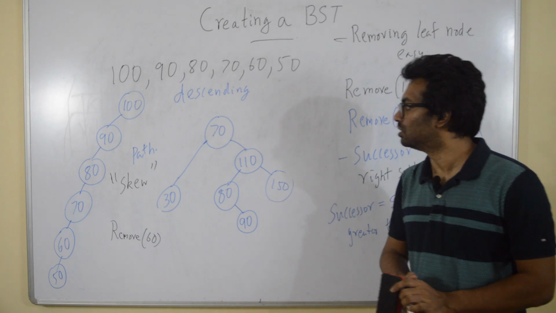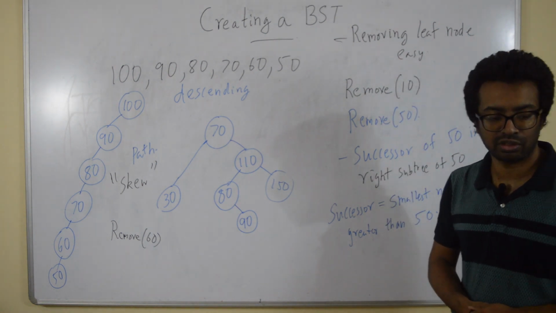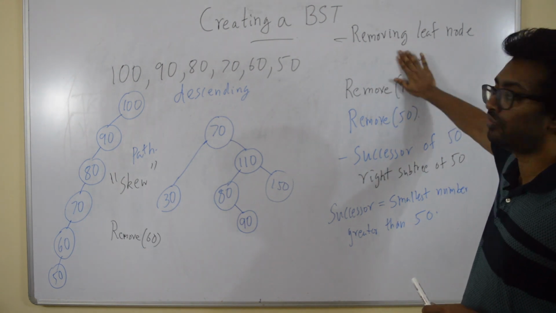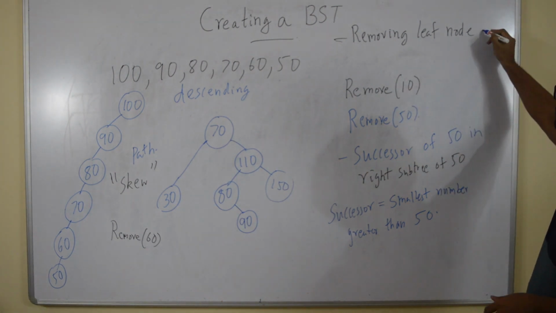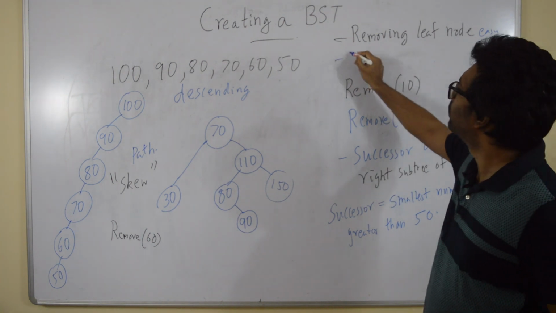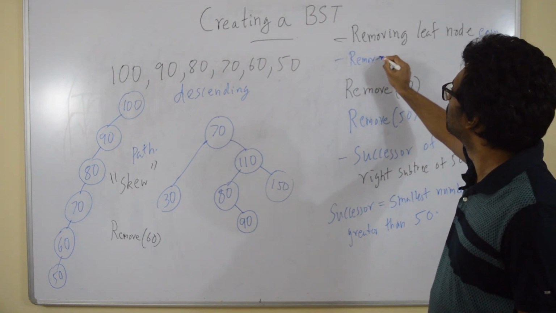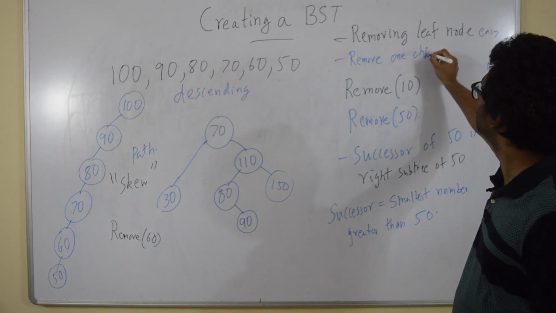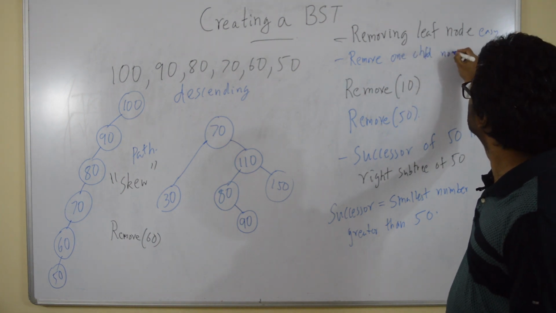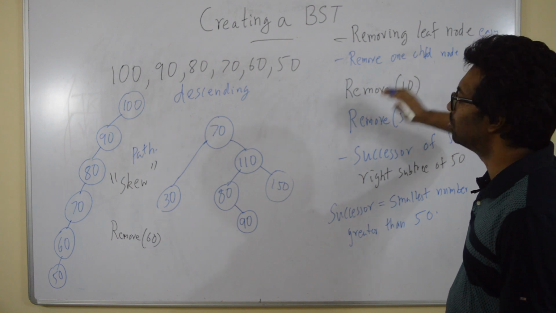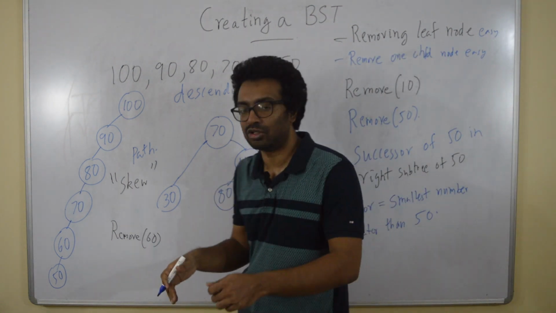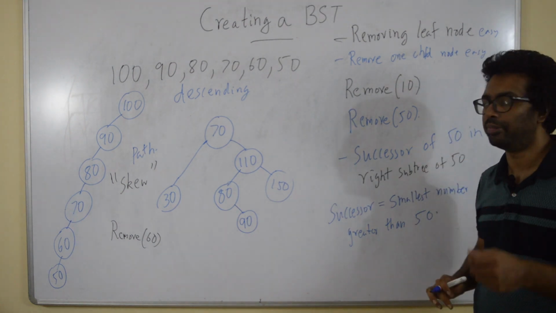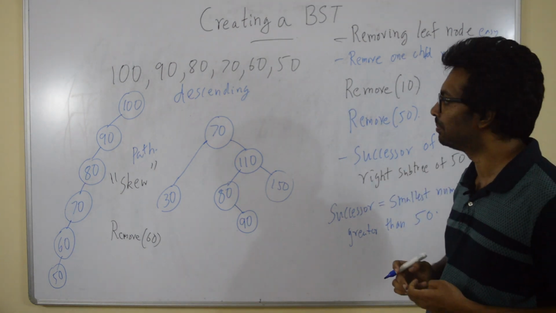So this is also easy. Removing a leaf node is easy. Removing a one-child node is easy. Just remove that and connect it. It does not matter whether it's a left child or a right child. Just remove that node and connect its child to the parent. So removing a one-child node is also easy.